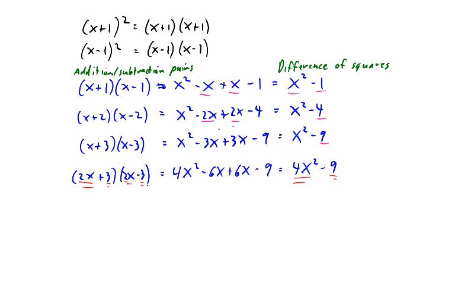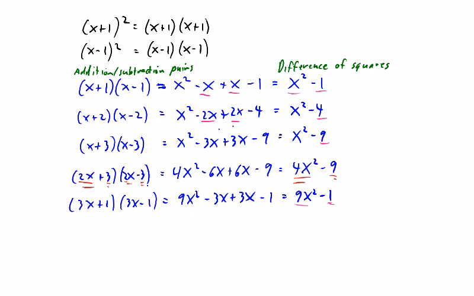Let's just do one more example of this, and then we'll generalize it. So if I had 3x plus 1 times the quantity 3x minus 1, we would end up with 9x squared minus 3x plus 3x minus 1. So we would end up with 9x squared minus 1. So both of those are perfect squares. 9x squared is the square of 3x, and 1 is the square of 1.